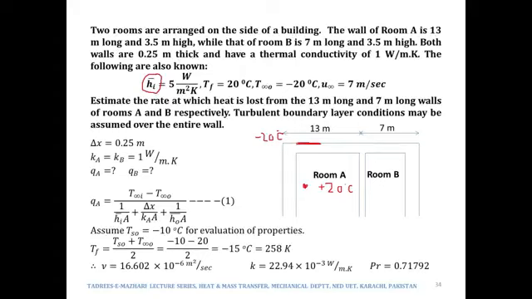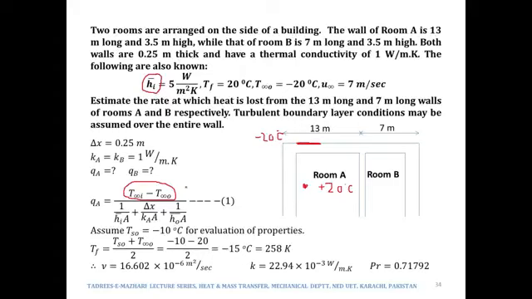So that is why we started with that temperature difference that is known to us. Since these are the two temperatures that have been provided to us, this is why we are writing it in this particular form.